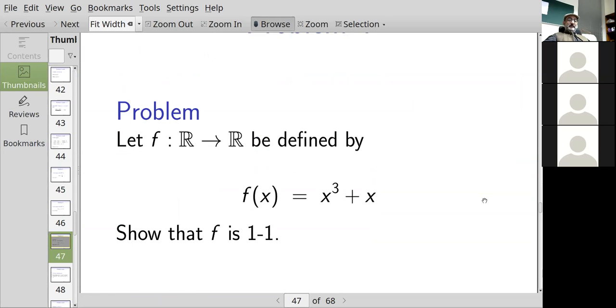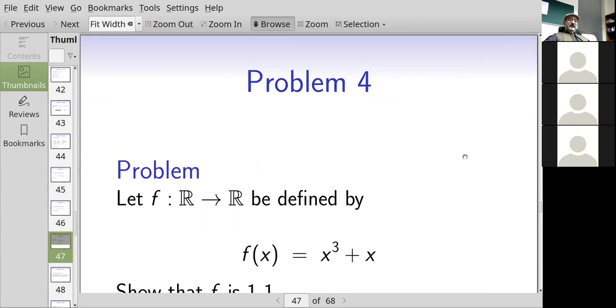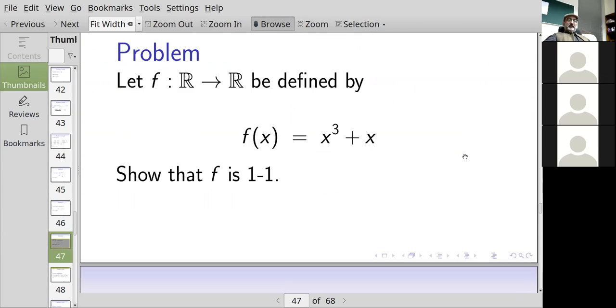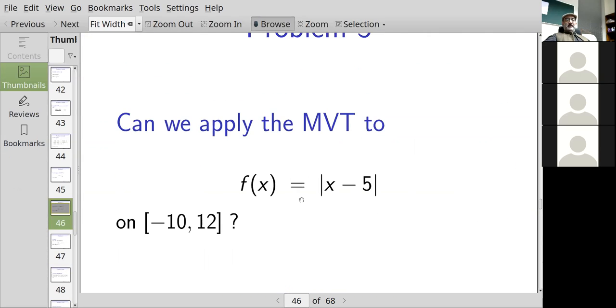Sir, why is that a no? At 5, this function is not differentiable. The absolute value of x minus 5, when x is equal to 5, you're going to get a corner in the graph, right? It won't be differentiable there.